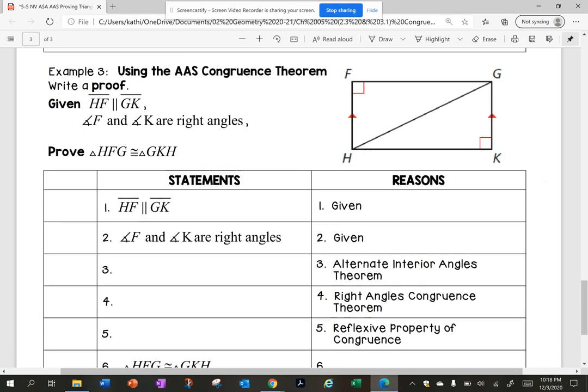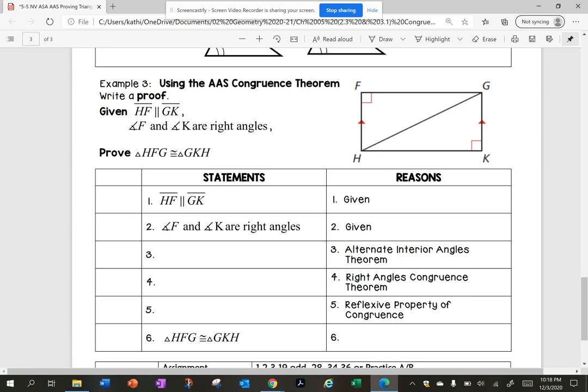So let's do a theorem. Given that segment HF and GK are parallel, I'm going to write that in statements, and my reason is given.